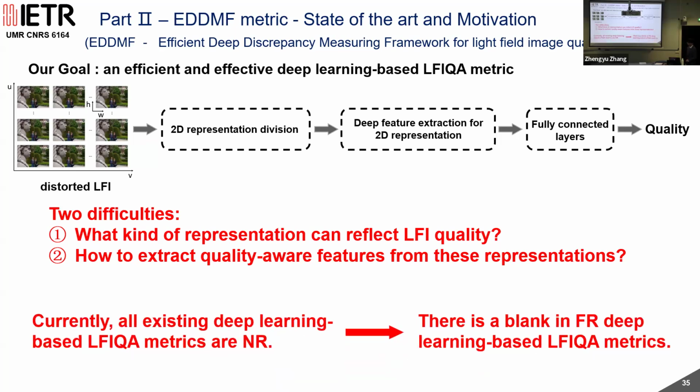In addition, all the existing deep learning-based metrics are no-reference. Considering that the reference information may be available in some cases, there is a blank in the full-reference metrics for deep learning-based light field image quality assessment. This motivates us to fill this gap.